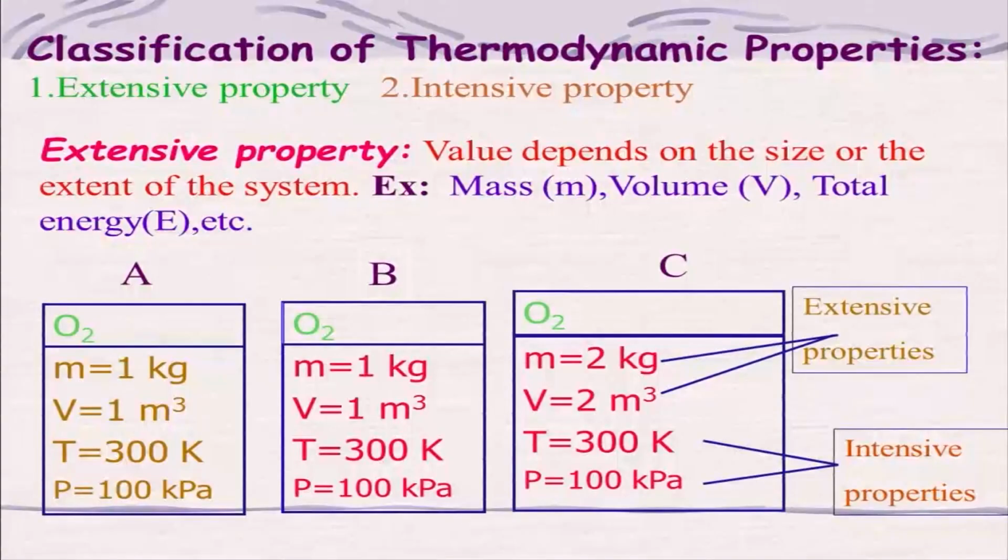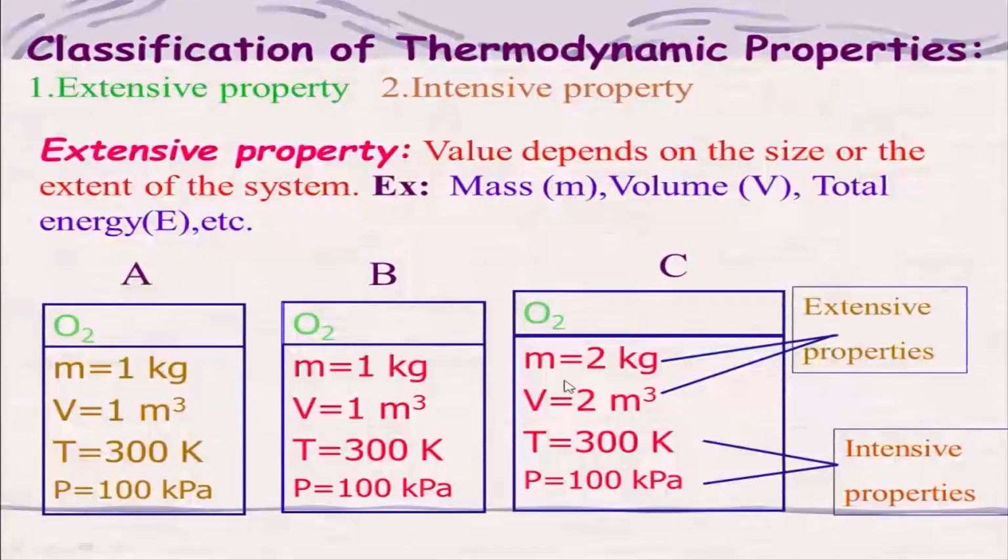After that, what will the volume be? Volume will be 2 times, because 1 meter cube and 1 meter cube is 2 meter cube, and mass is 1 kg plus 1 kg, 2 kg. Whereas what happens to temperature? Temperature remains the same, and so also the pressure.